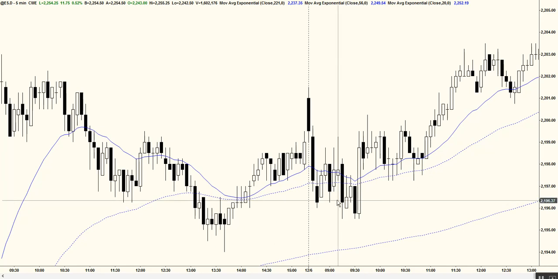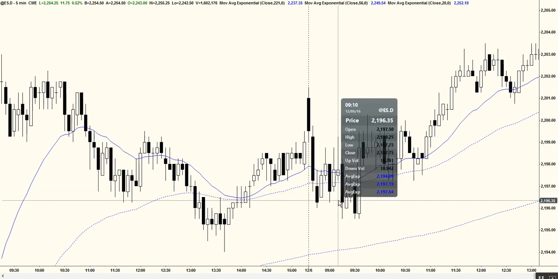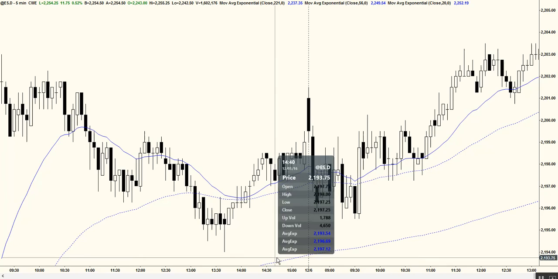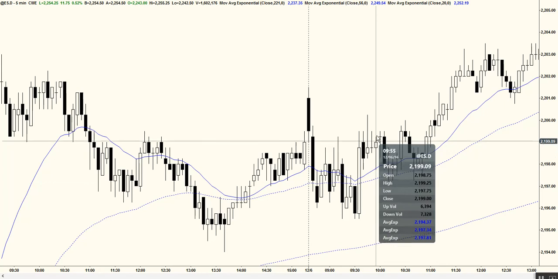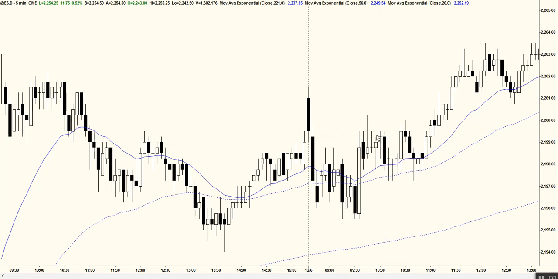So what do you do? Well, a lot of traders will just buy and use a wide stop, putting their stop somewhere down here, betting the price will go up. If you bought up here, maybe you bought this high one, your stop does not go below here. It goes below here. And if you didn't do that, you got stopped out.